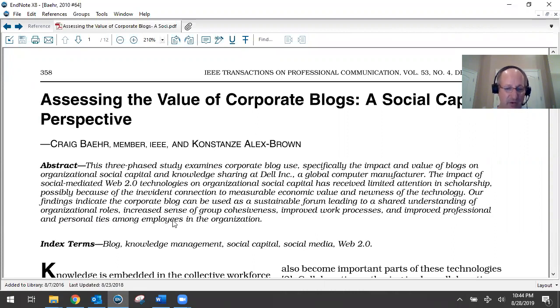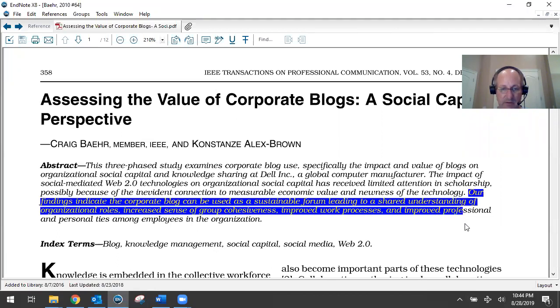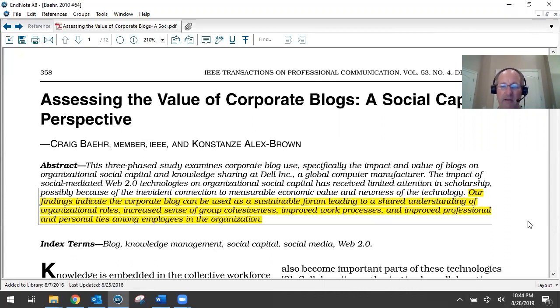That's a sense of community. So I used my words. I put their findings that you see highlighted here, highlight that in yellow, and rephrase that in my own words.